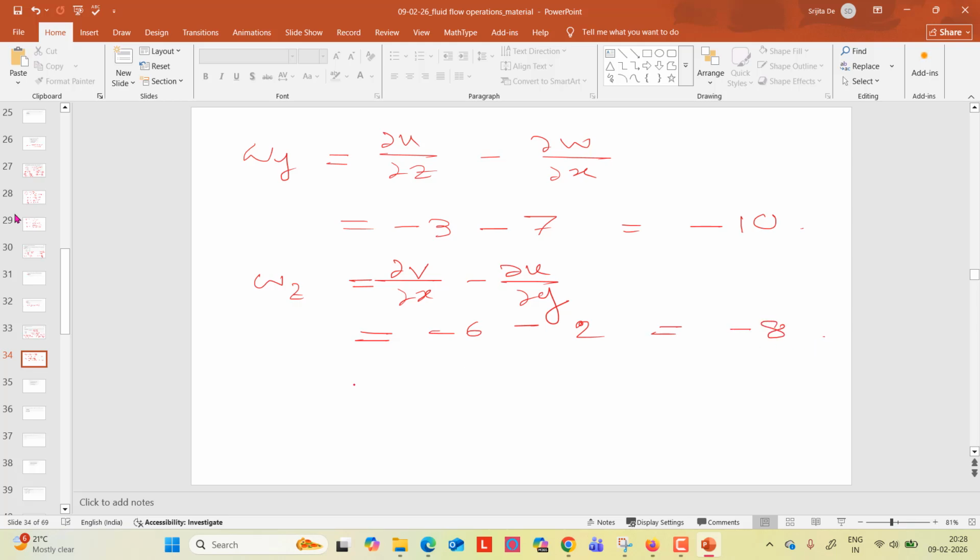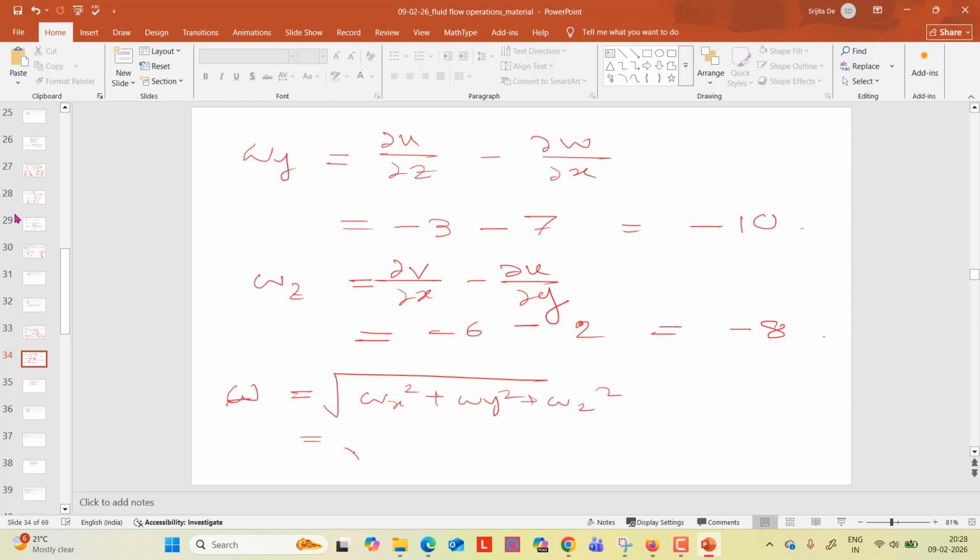Okay. So now the resultant omega will come as the root of omega x square plus omega y square plus omega z square.